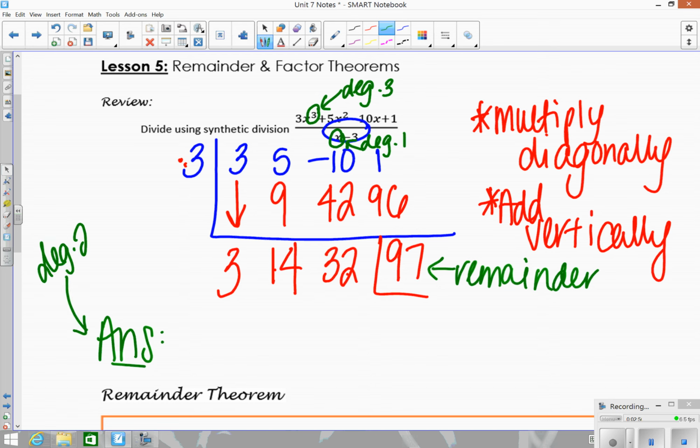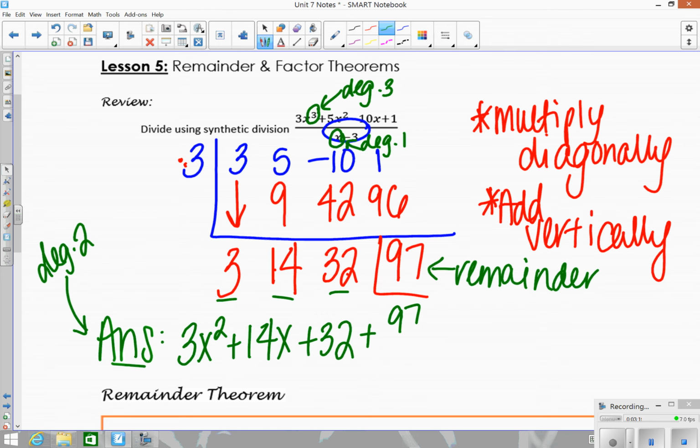So you're going to start with 3x squared, then plus 14x, looking at these numbers here, and your last one is going to be plus 32. Then your remainder, you write as 97 over whatever you divided by. So that would be the answer to this.